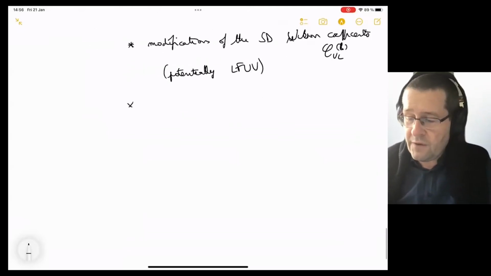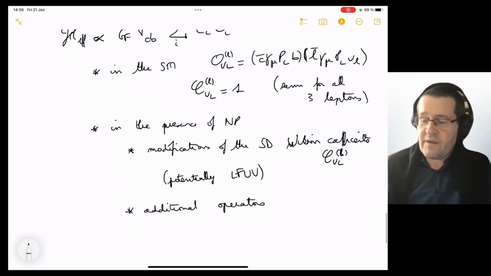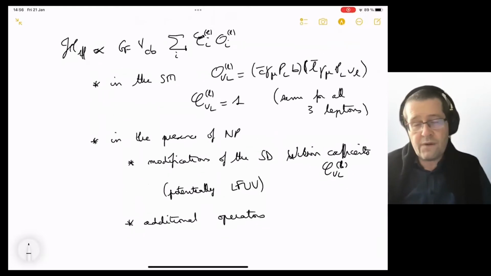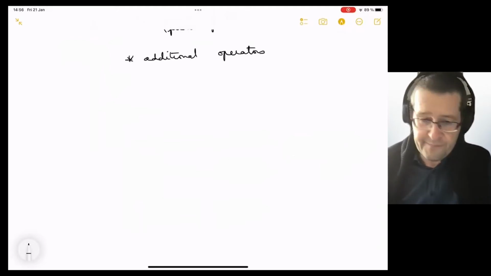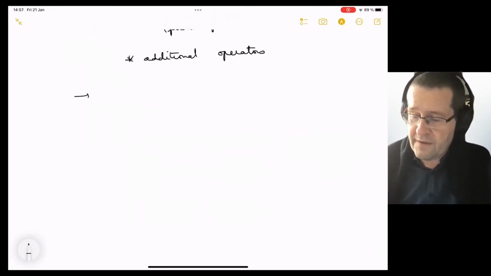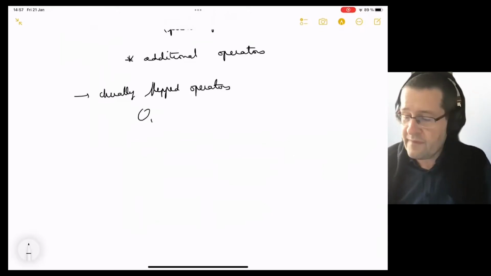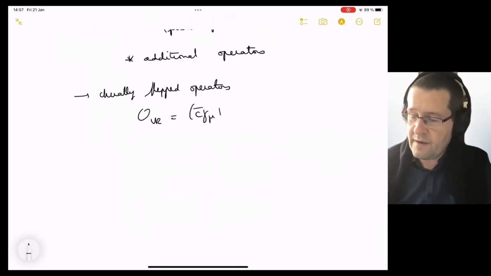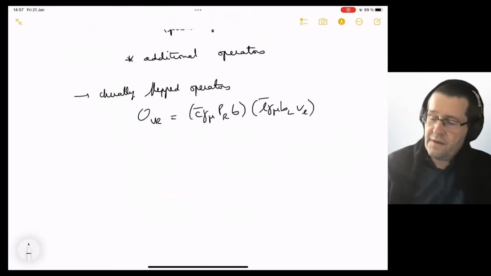But then you can also think of additional operators, so it's just that you write down all the possible operators. It turns out that some of them do vanish in the standard model, but you can consider all of them. So you can just say I can have chirally flipped operators where I'm changing the chirality of the quark fields that are involved.